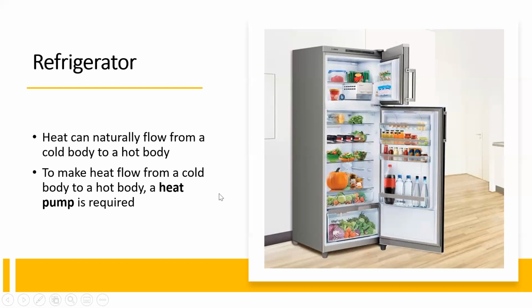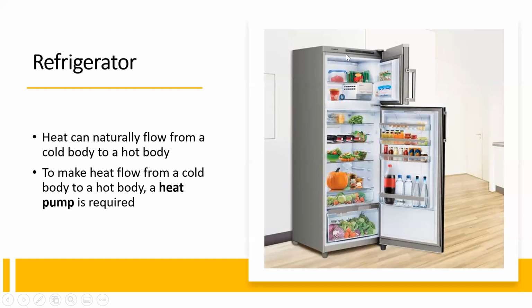The Kelvin statement of the second law also tells that it's not possible to continuously take heat from a body and reduce its temperature cooler than its surroundings. So in a refrigerator, what we are going to do is reduce its temperature even if it's cooler than its surroundings.